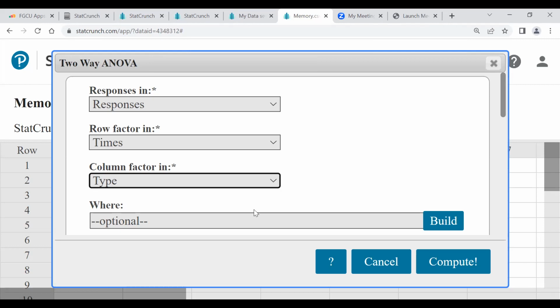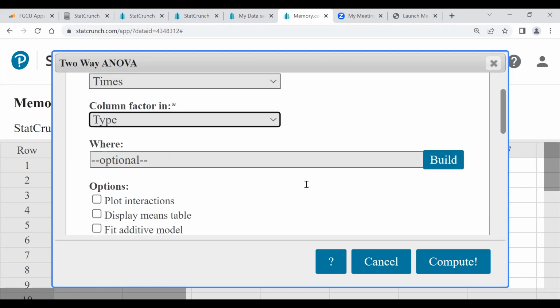No. Did the type of item that was shown have an effect in terms of recollection? No. Did they interact in some way? No. And how did we get to that conclusion?